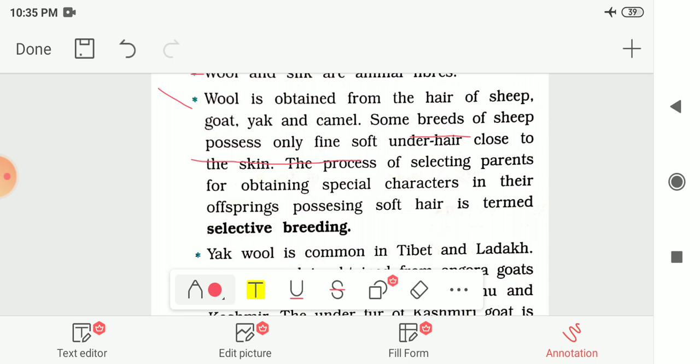That is, selecting the parents to get fine, thin or soft hairs is known as selective breeding.